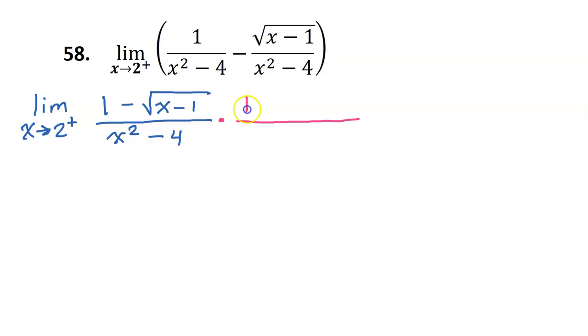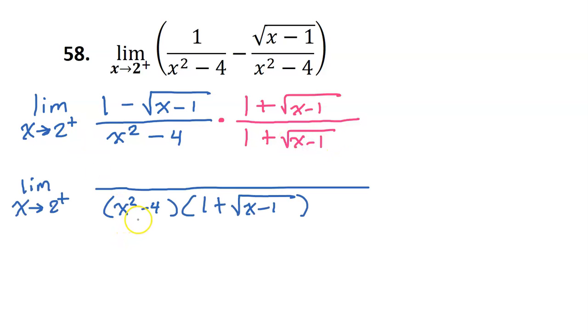So I'm going to multiply by the conjugate, which would be 1 plus radical x minus 1. And I have to do the same thing in the denominator. In the denominator, I just have x squared minus 4 times 1 plus radical x minus 1.